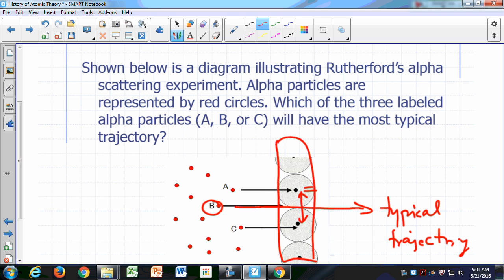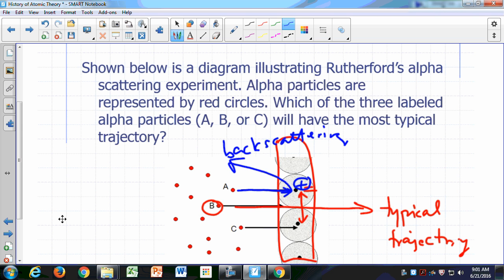However, if you have a particle whose trajectory puts it on almost head-on collision with a nucleus, remember, your nucleus is positive, right? So if it's almost a head-on collision with the nucleus, then this is where you would see backscattering. This is how you would explain backscattering.